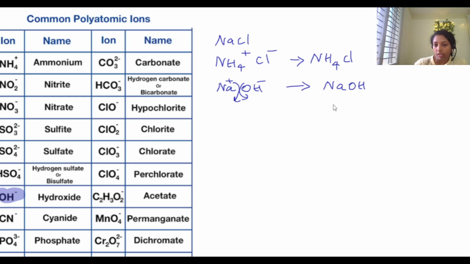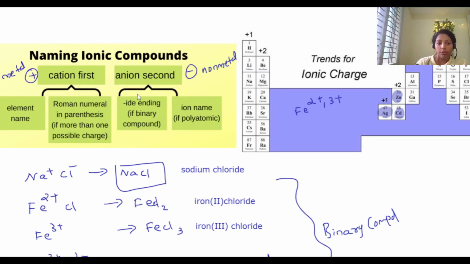First element, no need of parenthesis, so just sodium. Then the second one, the anion, if it's not a single atom, you use the polyatomic name, which means sodium hydroxide. That's the rule. Now you got the idea.